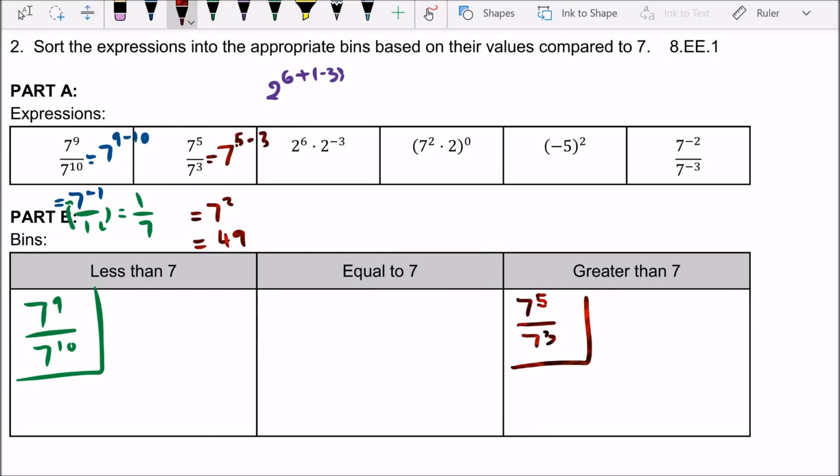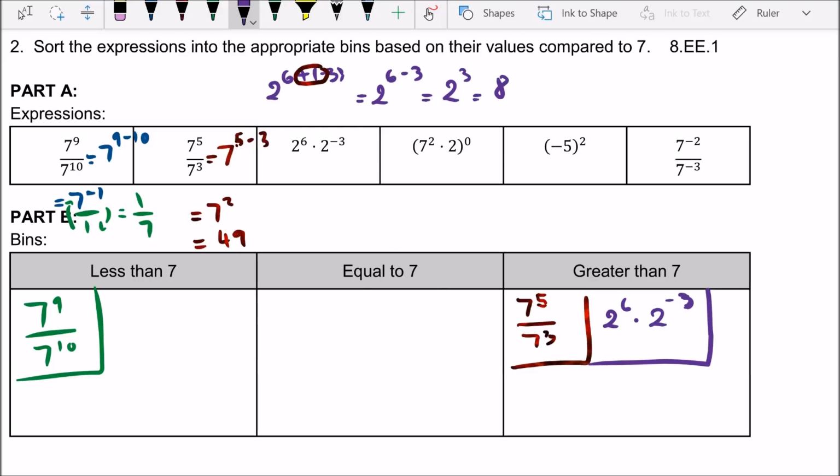Since we have positive plus negative, that will be 2 to the 6 minus 3, which is 2 to the third power, and 2 to the third power is 8. So it's also greater than 7, so that goes to the last box. 2 to the negative 3.